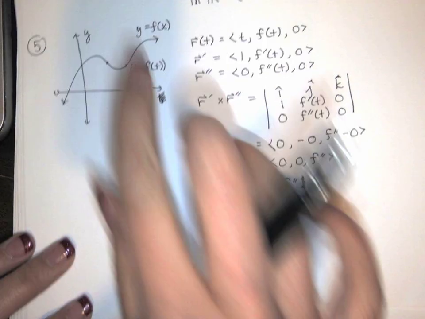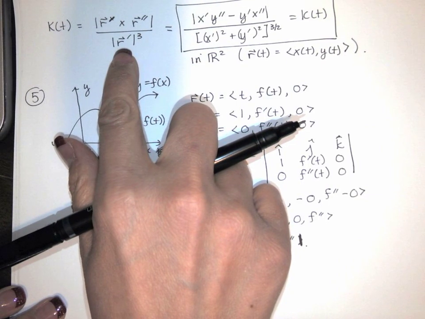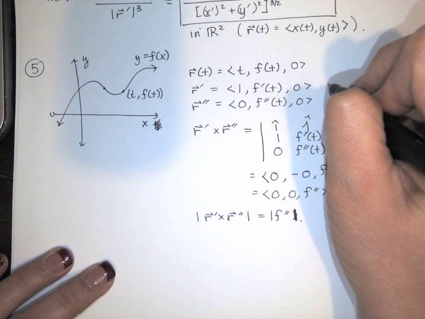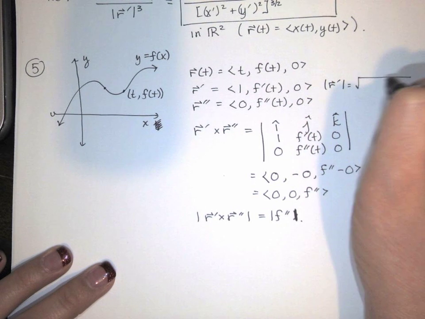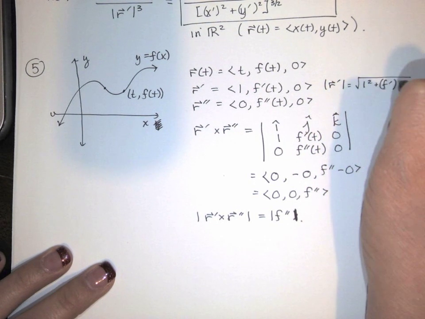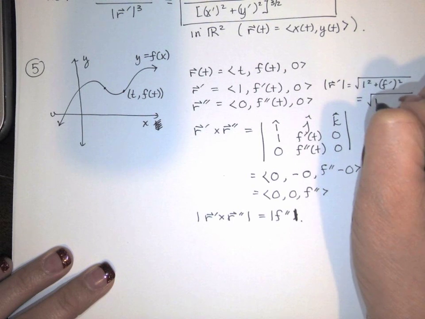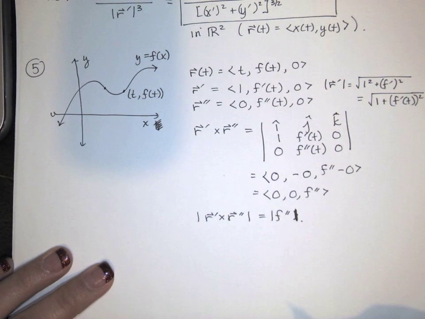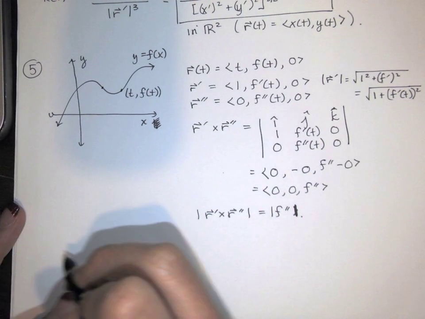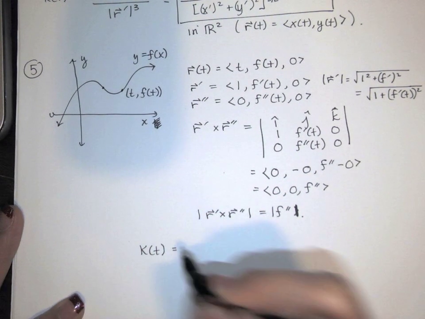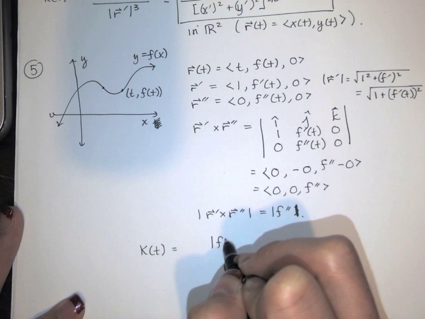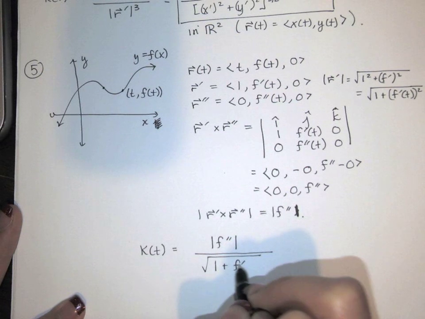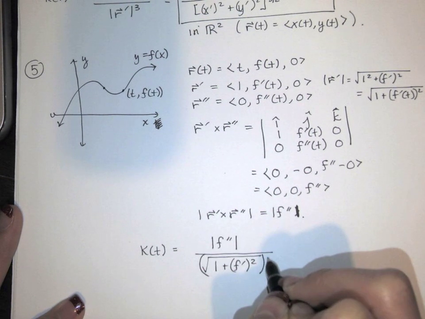Alright, so that's our numerator, and our denominator is r prime, and we find its magnitude and then we cube it. Here was r prime, so its magnitude is the square root of 1 squared plus f prime squared. So it's the square root of 1 plus f prime of t, quantity squared, and we have to cube that. So curvature is given by f double prime divided by the square root of 1 plus f prime squared, and then you cube it.